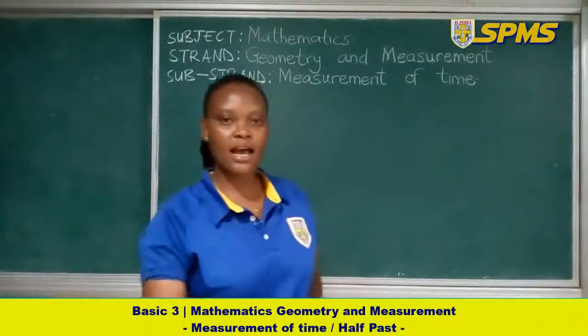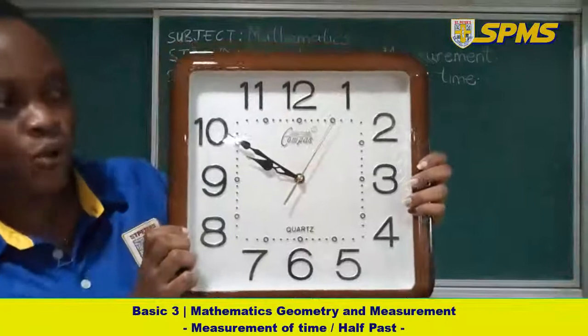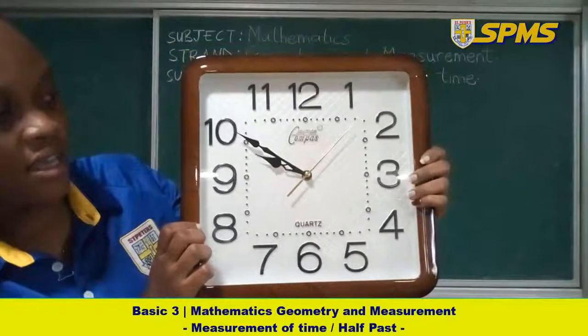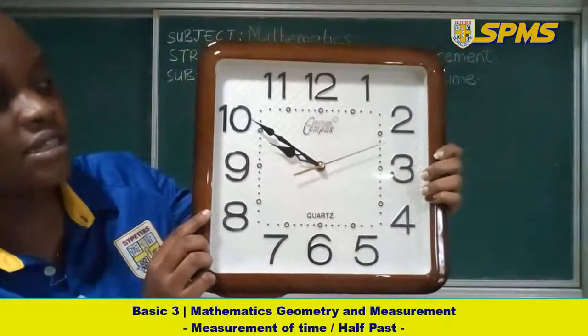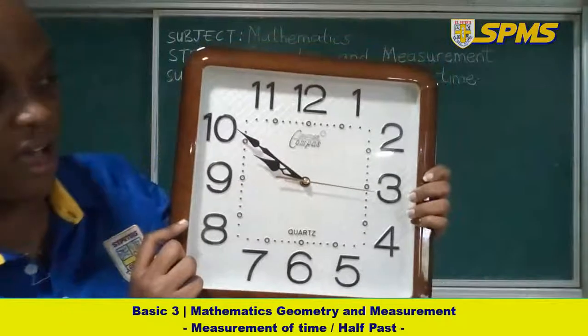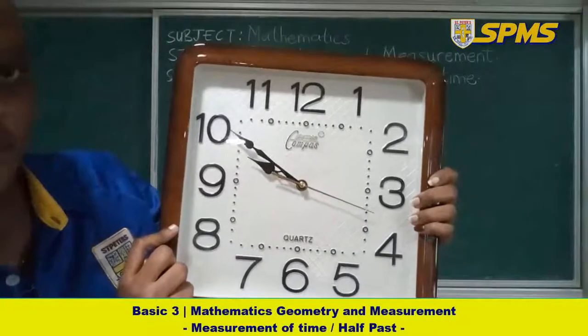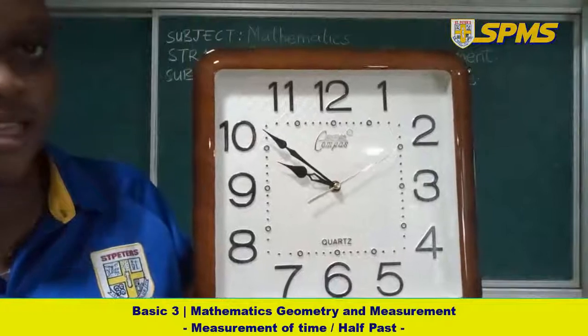I have my analog clock here with me, so we can see the hands, the second hand, the minute hand, and then the hour hand. Now tell me what says the time.